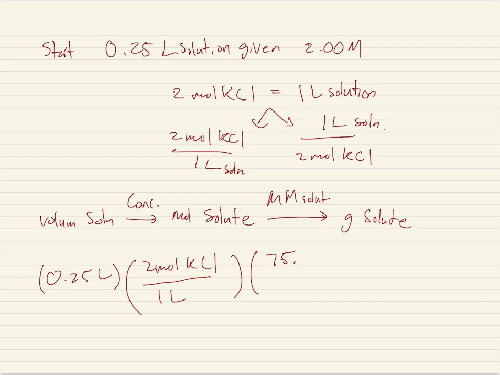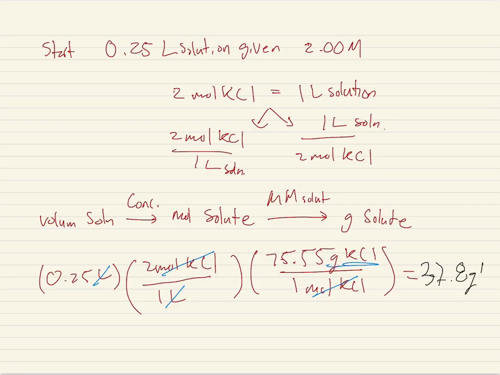74.55 grams potassium chloride per 1 mole potassium chloride. All right, so we've set this up like our traditional unit conversion problems. Liters cancels out, moles cancels out, and we're left with grams, which is exactly what we want. And we would get 37.8 grams of potassium chloride.